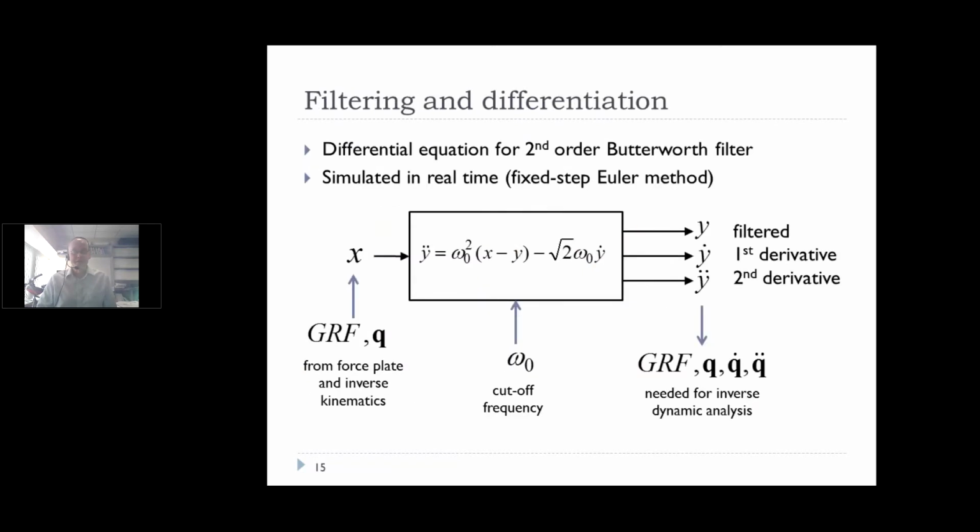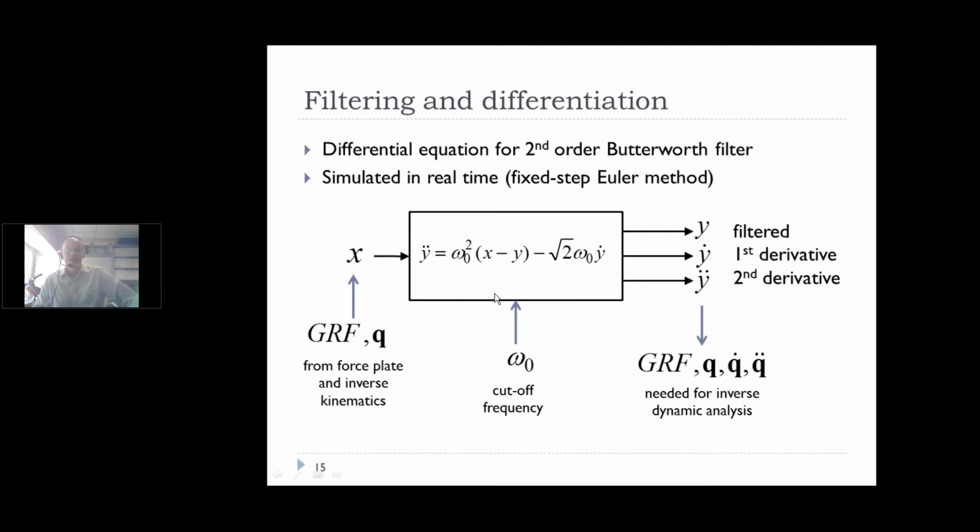The next step in the processing is a low-pass filtering and differentiation step. We use a second-order Butterworth filter, which is standard in human movement analysis. And it's not very well known, but a second-order Butterworth filter can actually be modeled as a second-order differential equation, which you see in the box here, where x is the input and y is the output of the filter.